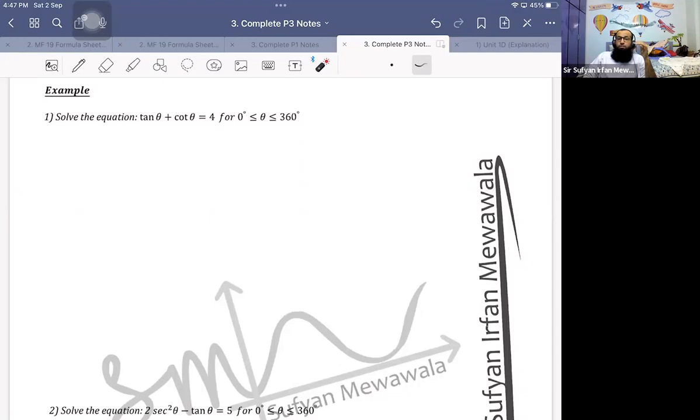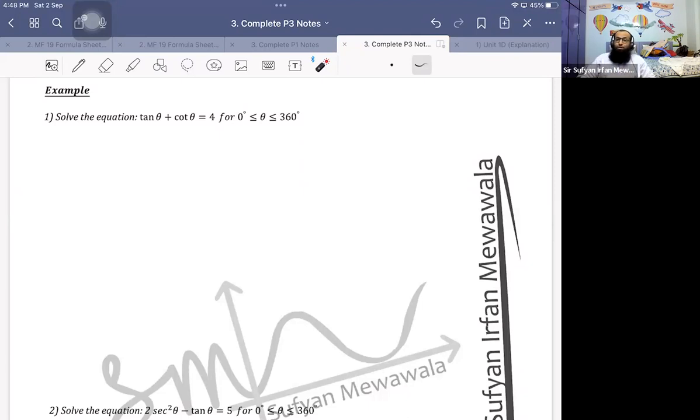When we are solving a trigonometric equation, there has to be just one trigonometric function. If there are two trigonometric functions, then at some point we need to do something to convert them into one single function, and only then are we able to solve it. Now it's the correction, right?